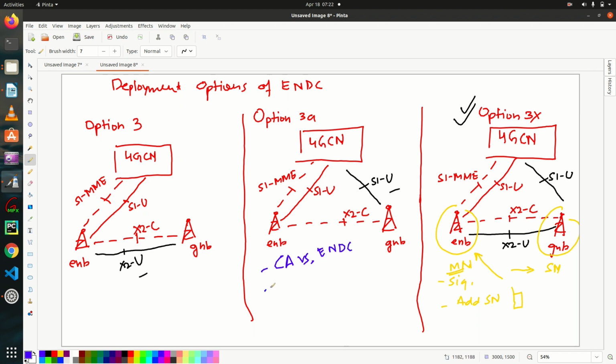The second thing, the types of bearers: SCG, MCG, and split bearers. We'll also cover the call flow procedure, and one more thing, the protocol stack.